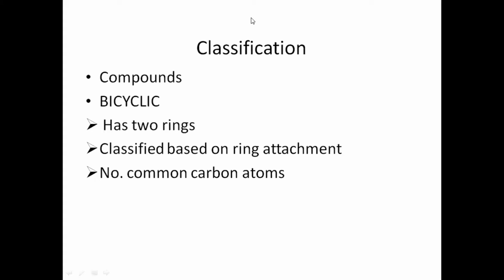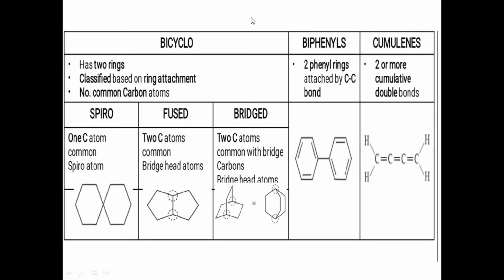Then it is classified based on the ring attachment. Then the next comes the number of carbon atoms present in it. Bicyclic compounds are those compounds which contain two ring systems.